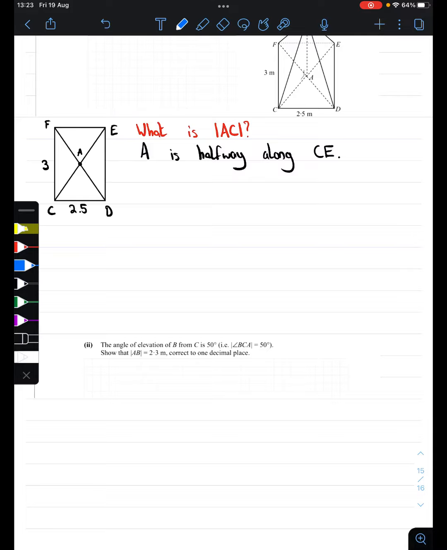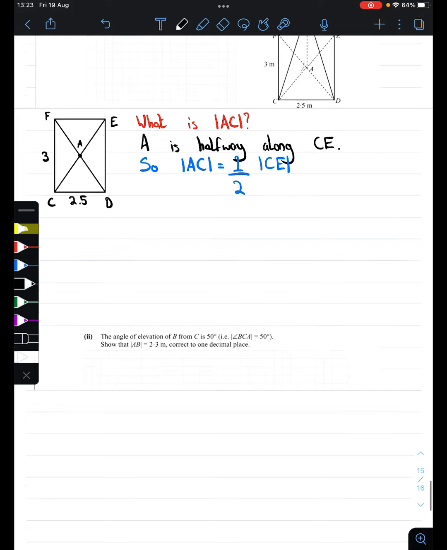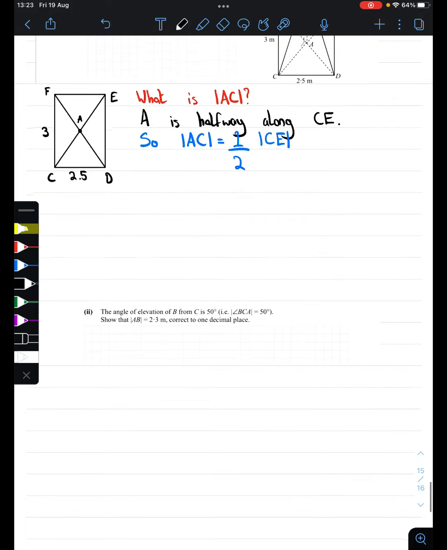And then we can say that the length of AC is half the length of CE, since it's halfway along. And now all we need to do is calculate CE.